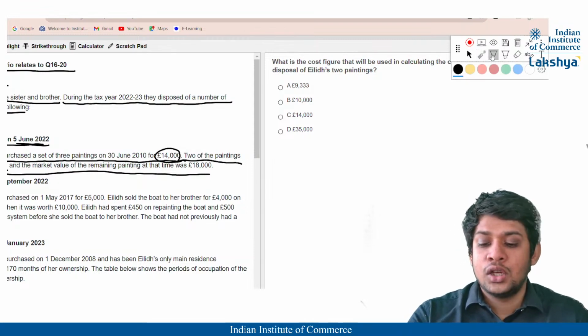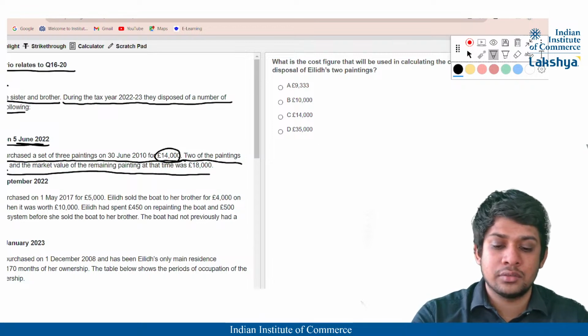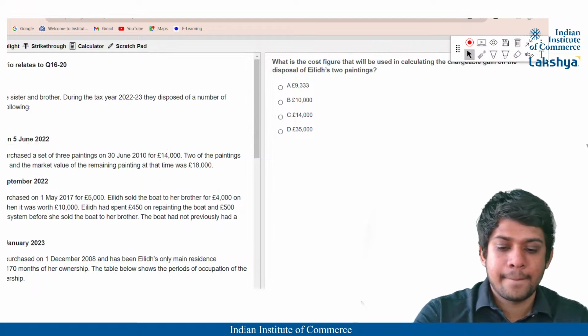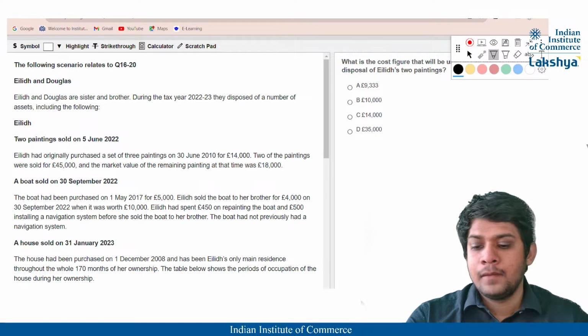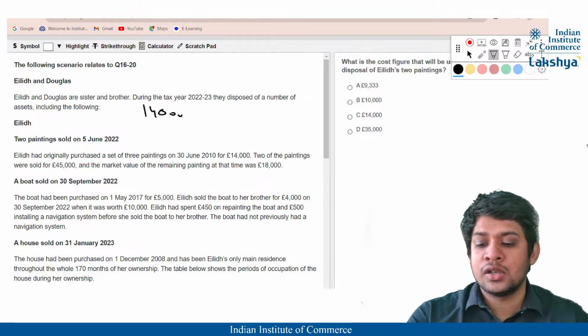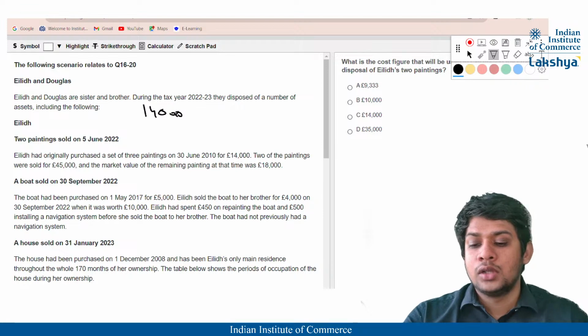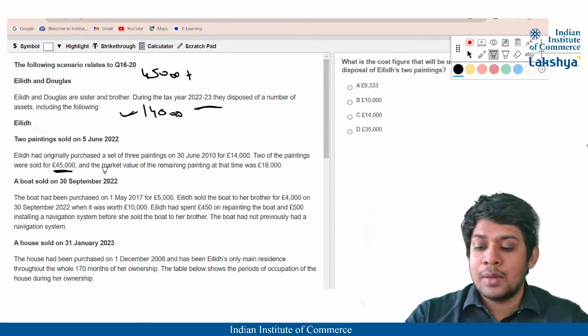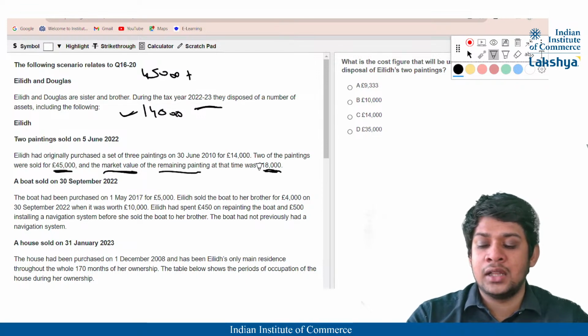Firstly, your paintings had a total cost of 14,000. Now, you have to take the total market value. The market value of the 2 paintings you sold is 45,000, and the market value of the one remaining painting is 18,000.